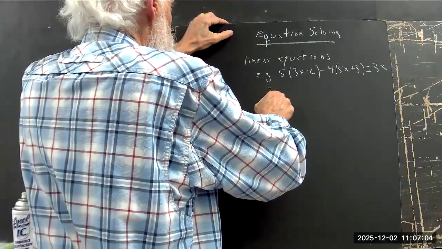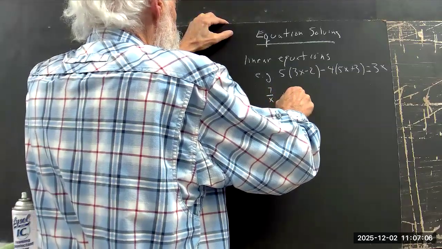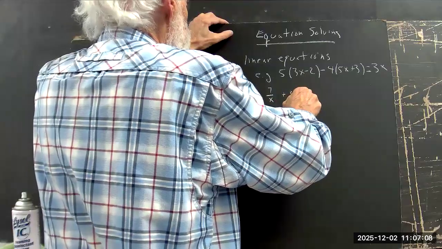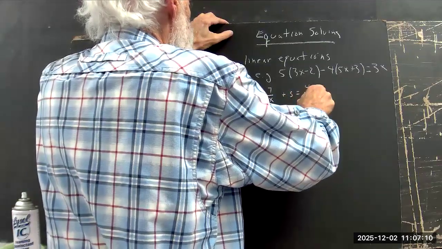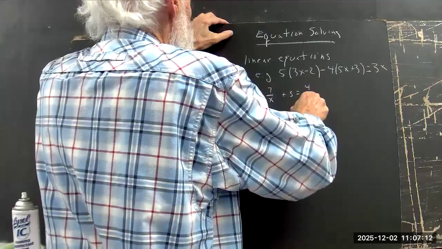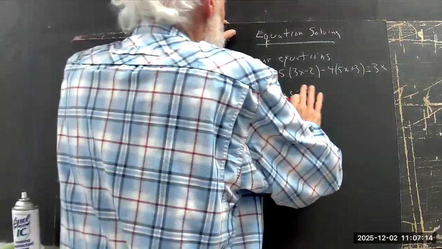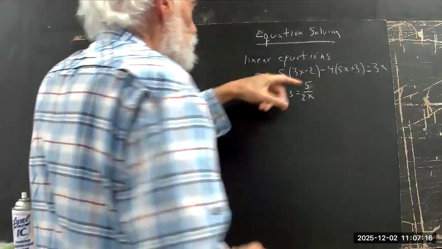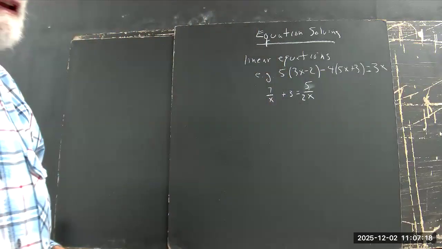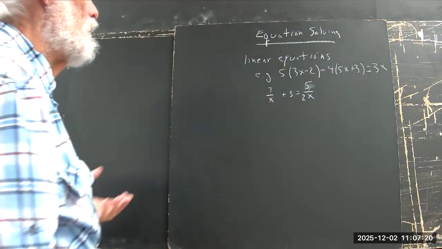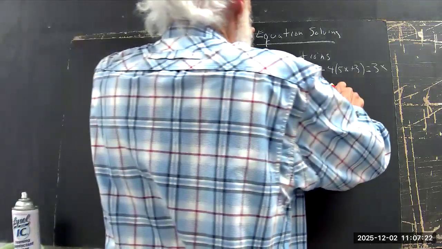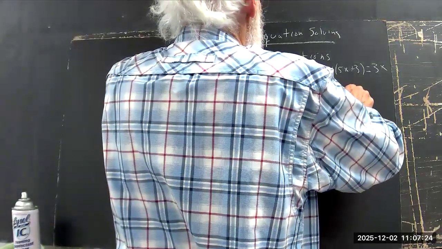Let's say you have 7 over x plus 3 equals 4 over 2x. Let's make that 5 over 2x because 4 over 2x would reduce. Okay, what do you do with this? You multiply by common denominator.